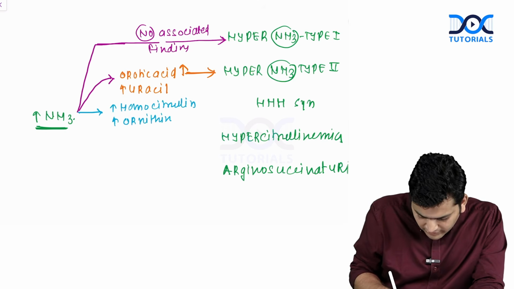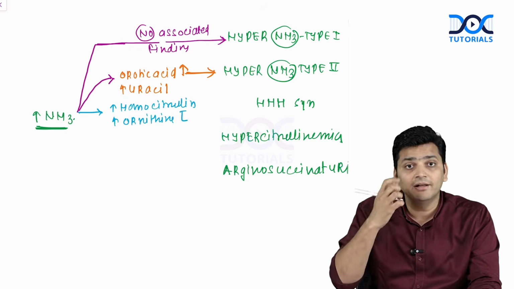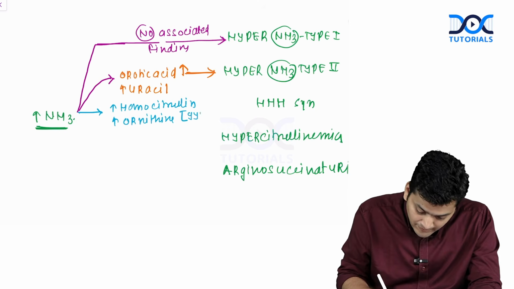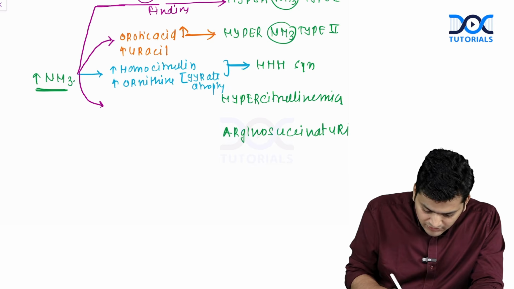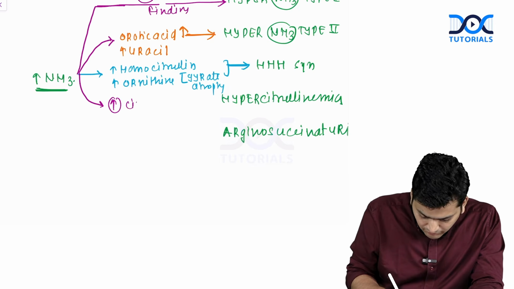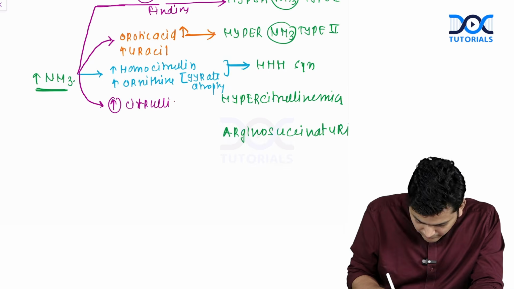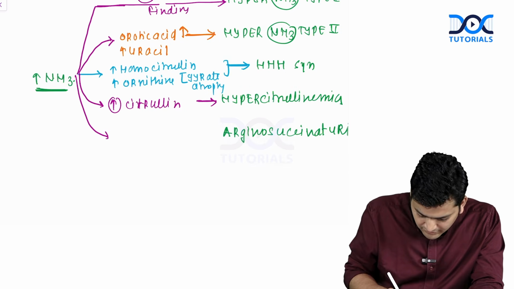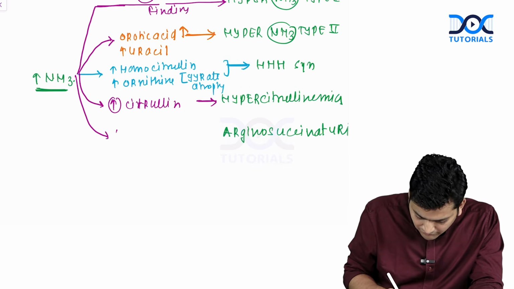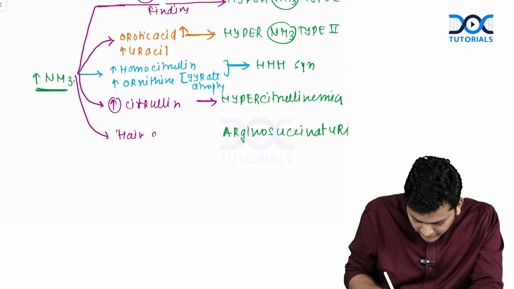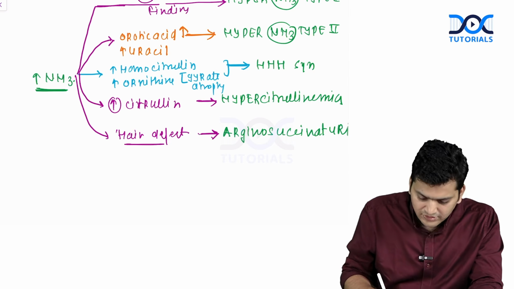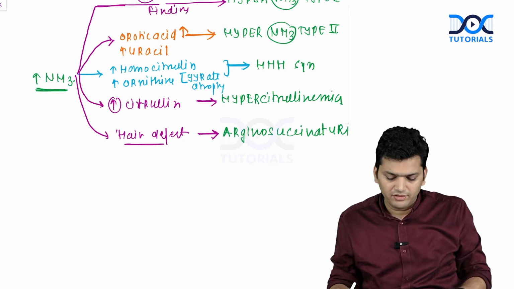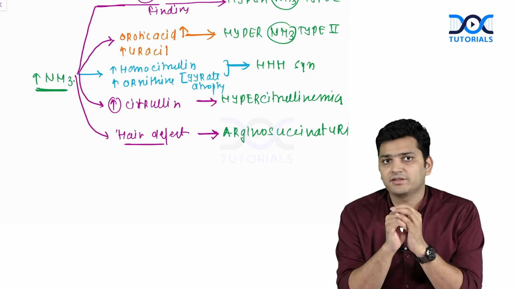And you know that ornithine leads to which problem in the retina? Gyrate atrophy. If they talk about gyrate atrophy, they are talking about the triple S syndrome. In this, there is going to be increase in the ammonia with increase in the citrulline. And here, there is going to be increase in the ammonia with hair problem, hair defects. That is arginosuccinate urea. So this is going to be the table of hints for us.